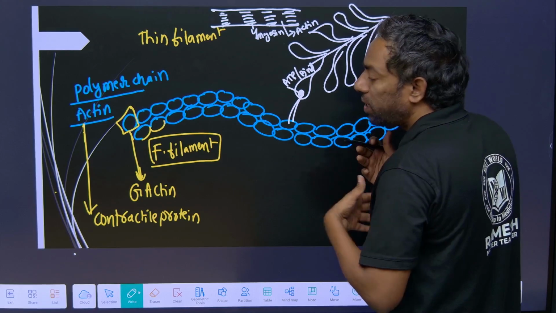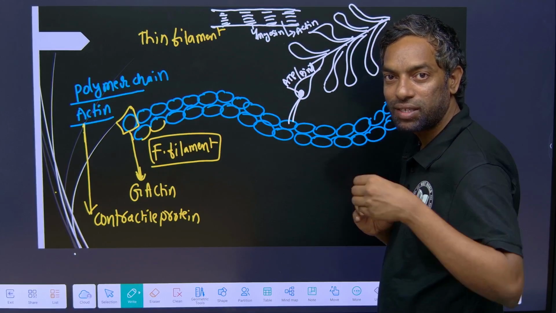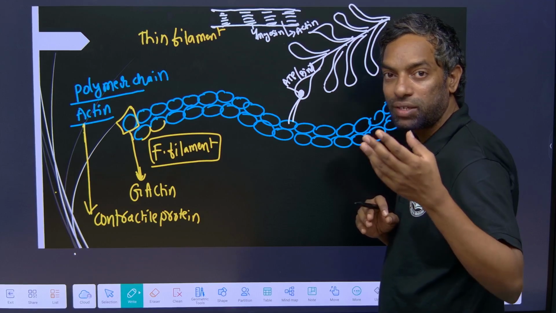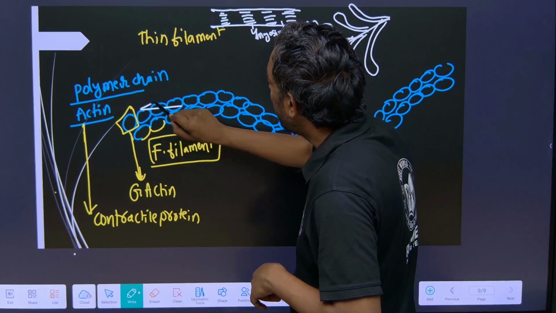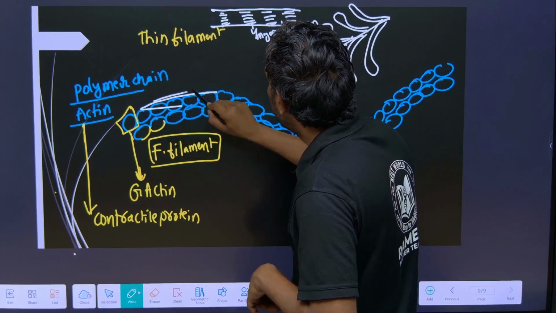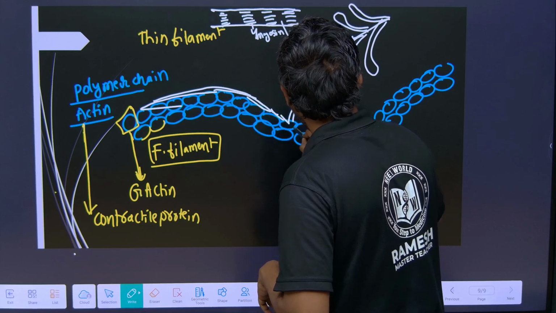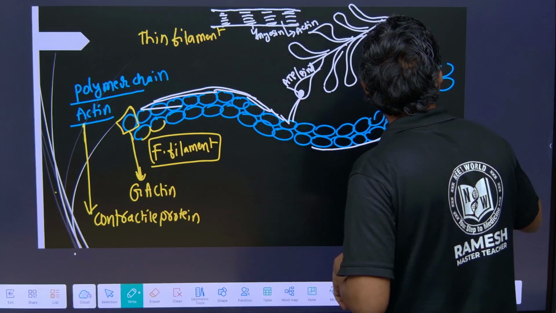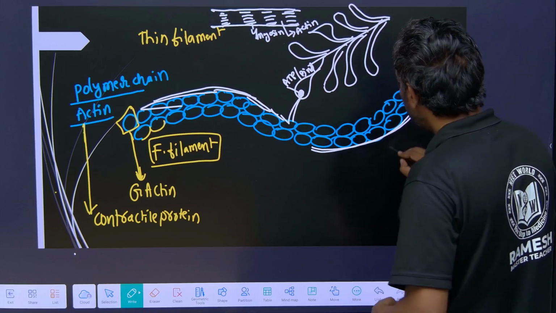There are two regulatory proteins: tropomyosin and troponin. Tropomyosin is elongated along the surface of the G-actin protein. This is tropomyosin, guys. It is also a chain.